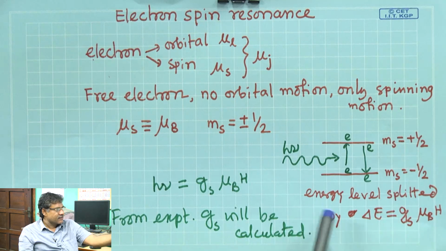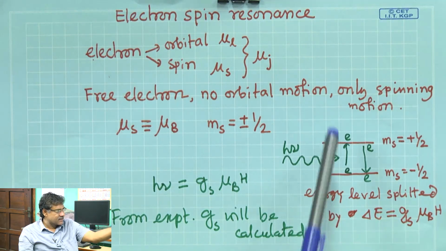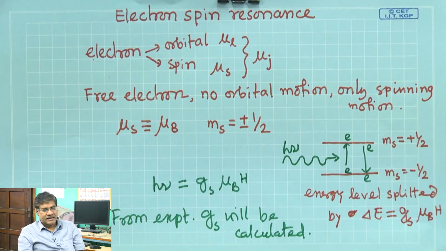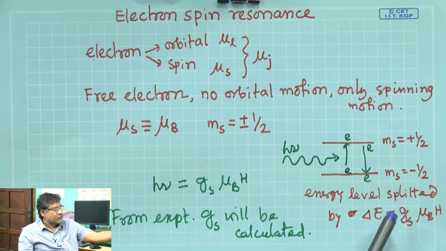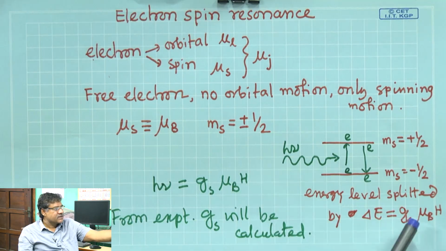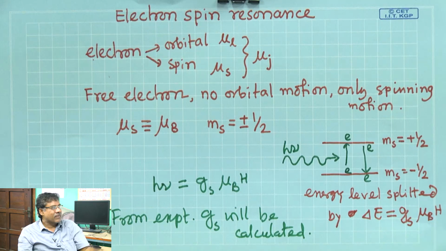That splitting, the difference, will be delta E equal to G s mu B H, considering only the free electron with no orbital motion, where H is the applied magnetic field.